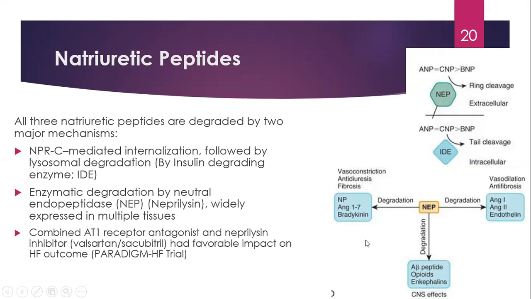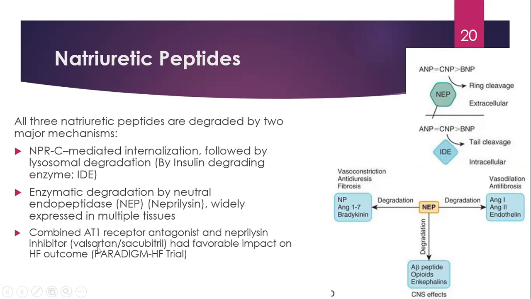What they ended up with that worked very well was to combine an angiotensin 1 receptor antagonist with neprilysin inhibitor. It makes the molecule big, so it does not cross the blood-brain barrier, and then you can block the deleterious effects of AT1 and leave the good effects of AT2, and also block the degradation of the natriuretic peptide and get the beneficial effect of the natriuretic peptide.